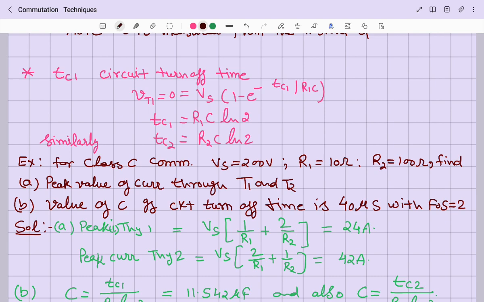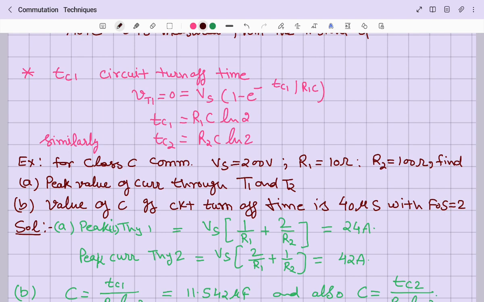Now based on this you have to solve one numerical problem for class C commutation. Vs is equal to 200 volt, resistance R1 is equal to 10 ohm, resistance R2 is equal to 100 ohm. Number 1, find the peak value of current through thyristor T1 and T2.